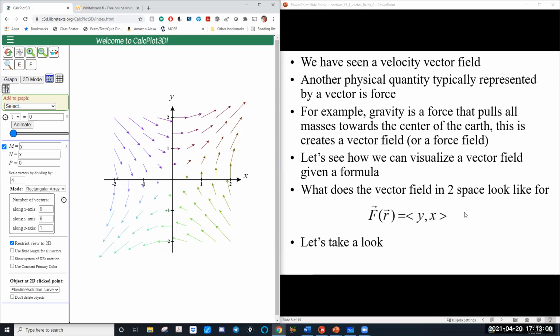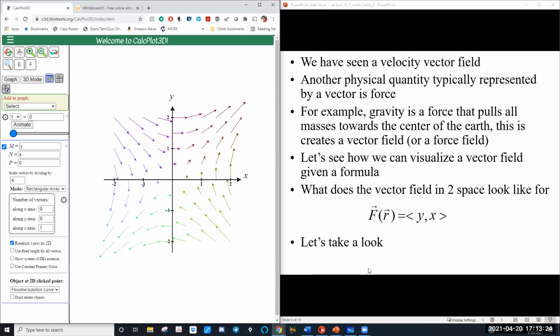Now, as you can imagine, there's too many vector fields for us to go through them all, but that's why we have the Calc 3D plotter. There's other vector field plotters on the web. If you Google vector field plotter, you'll find others. So if you find one you like better, feel free to use it. I'll show you a couple of cool things that this one can do.